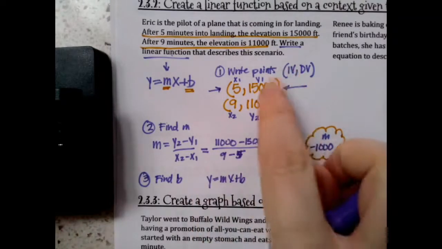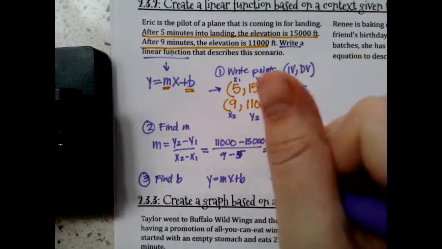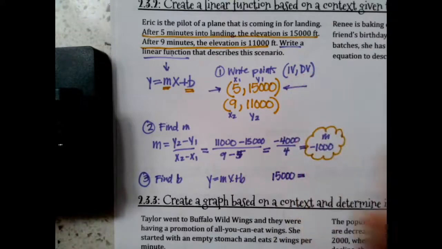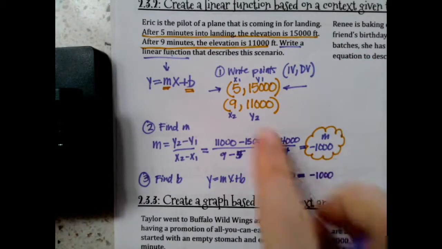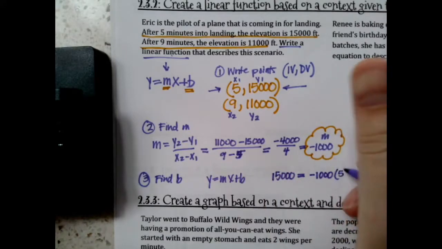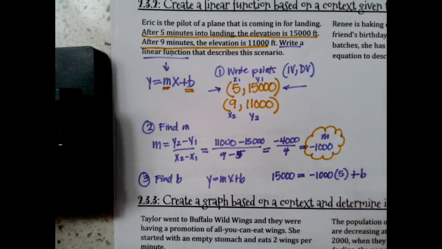My y is 15,000. My m is negative 1,000. My x is 5. And then I have plus b.